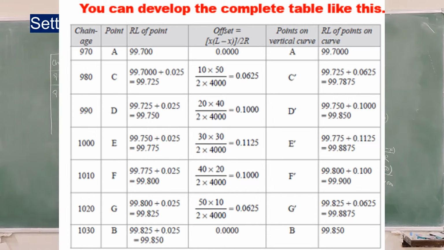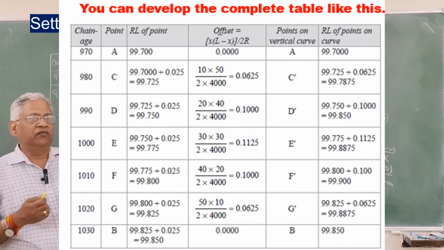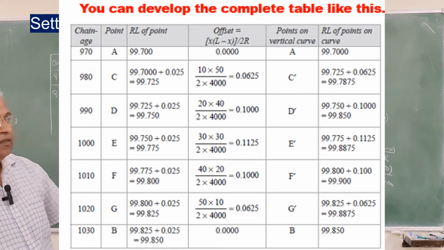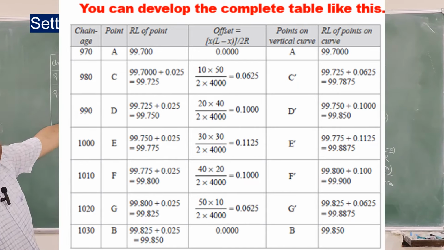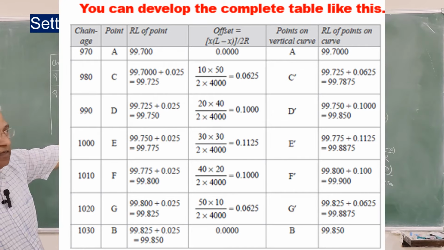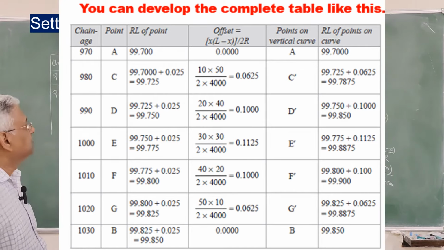And add that to this, you get point D0. This is the chord deflection method. You can complete this table for all the 6 points from A to B, and that is the setting of the curve. Once you know the RL, you can set the curve in the field.